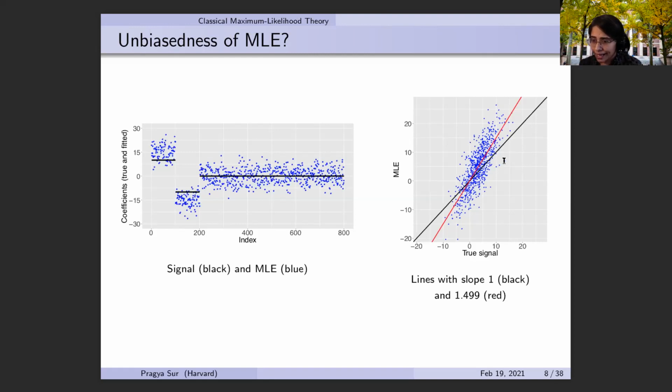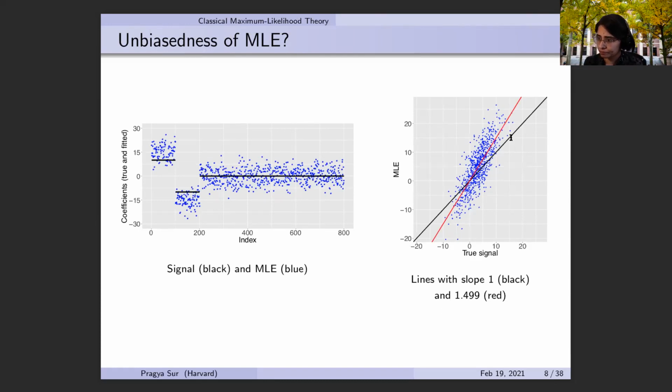The black line is the diagonal, the line with slope 1, and the red line has slope 1.5. If the MLE coordinates were centered around the truth, you would expect the black line to pass roughly through the center of the scatter plot. But that doesn't happen here. There's a systematic shift, and the red line, whose slope is larger than 1, seems to pass through the center.